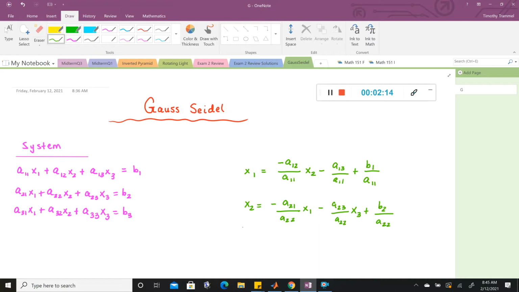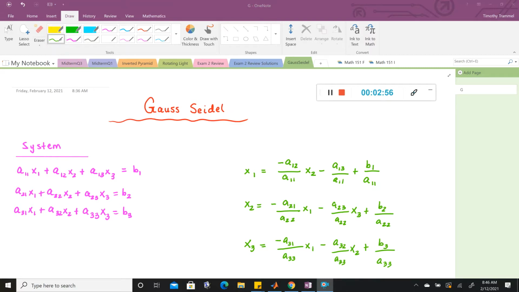And then one more, we want to solve for x3. So if we solve for x3 here, that's going to give us minus a31 divided by a33 x1, and minus a32 divided by a33 x2, and then finally plus b3 divided by a33.